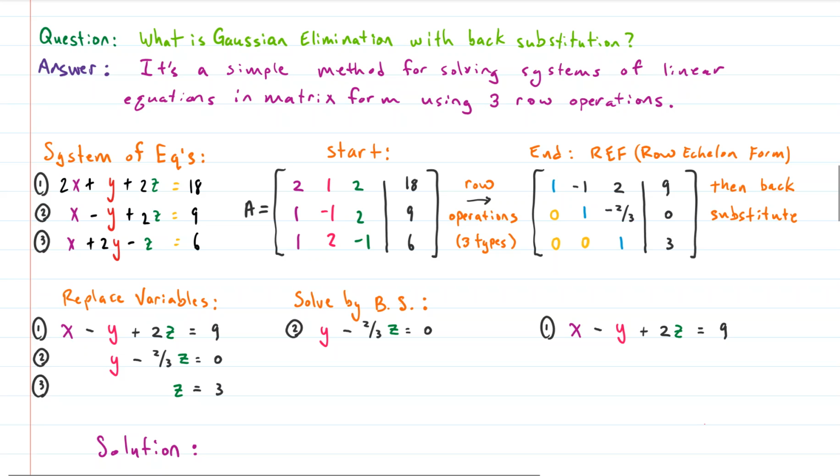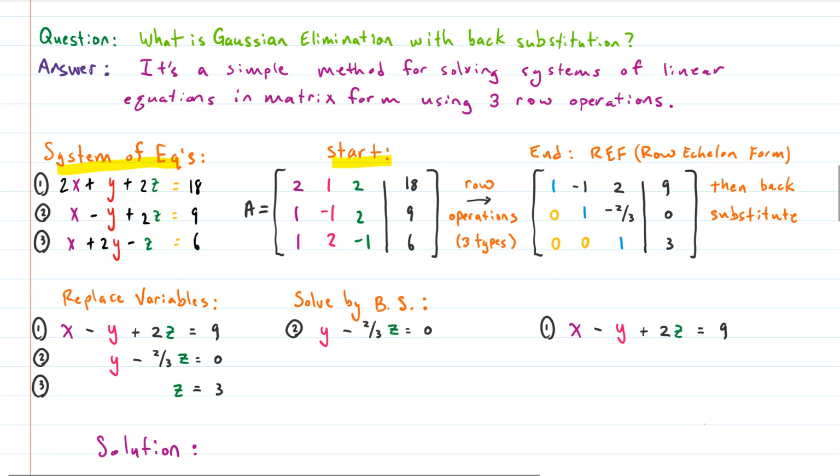So we start out with a system of equations. And that's just a normal system, right? Here we have three equations and three unknowns. We start by creating our augmented matrix. That just takes the coefficients of the left-hand side that we see here and puts them in matrix form. So we drop all the variables.